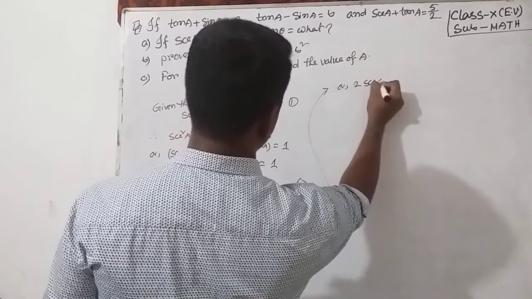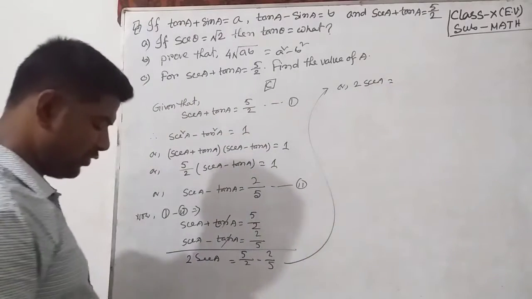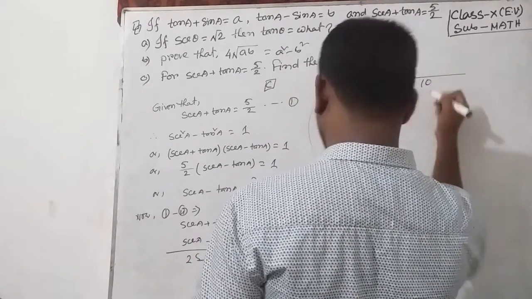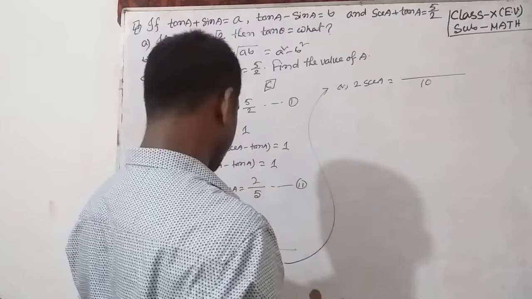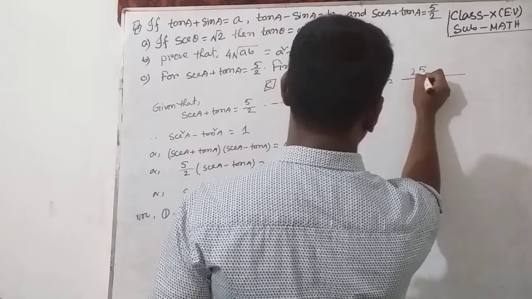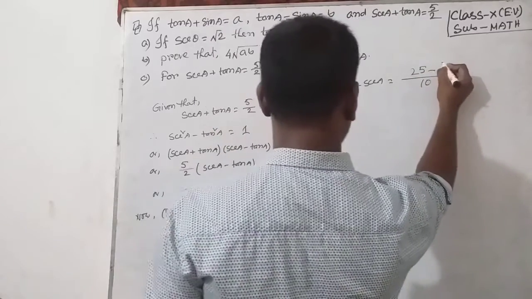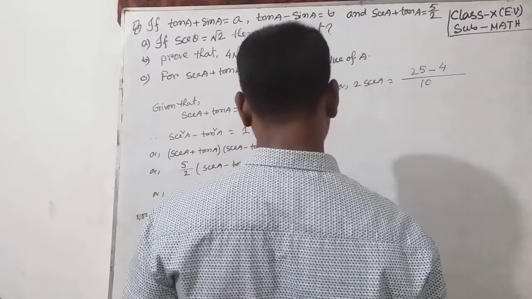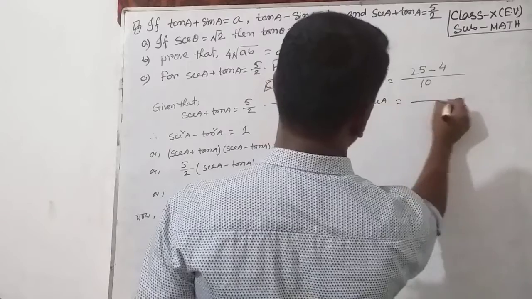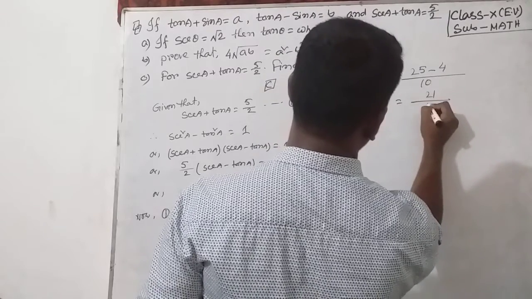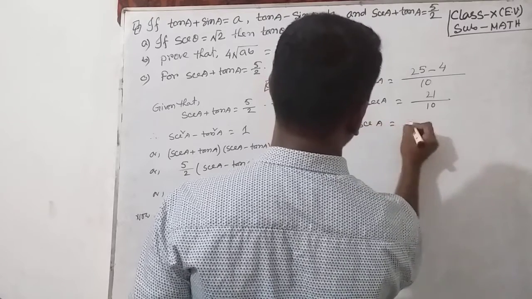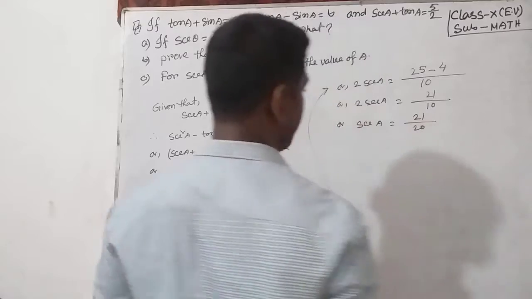Or we can write 2 sec a equals, LCM of 2 and 5 will be 10, so 25 plus 4 over 10, or 2 sec a equals 29 by 10, or sec a equals 29 by 20.